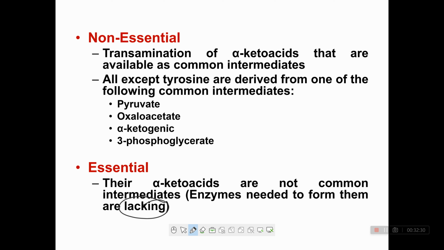That's why they are not synthesized in our body, due to lack of the enzymes. So remember this: non-essential amino acids are synthesized by these four intermediates, except tyrosine.